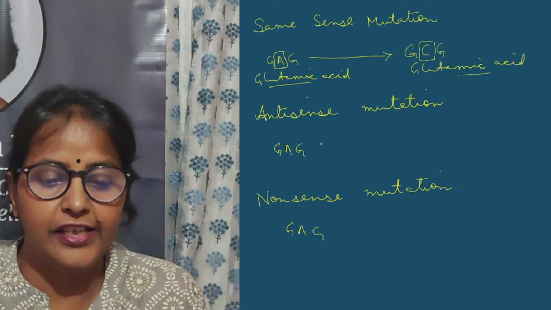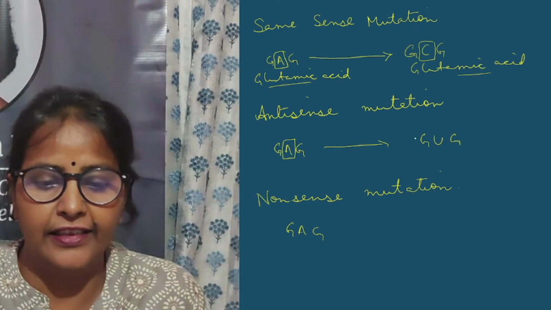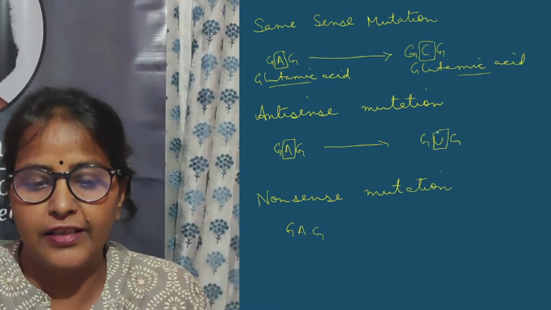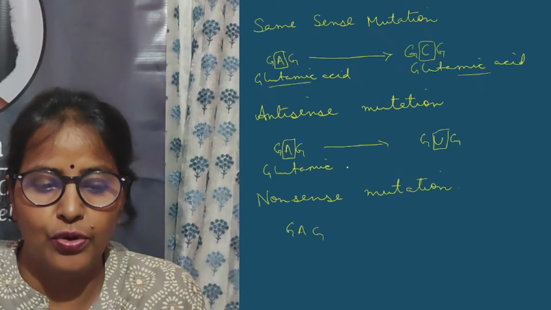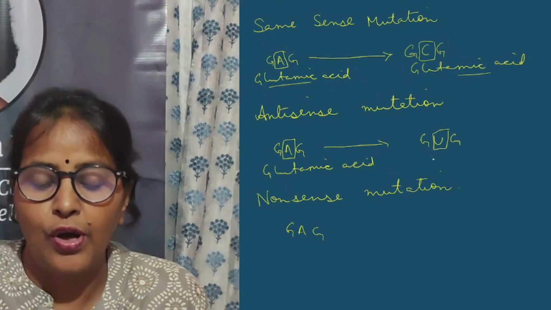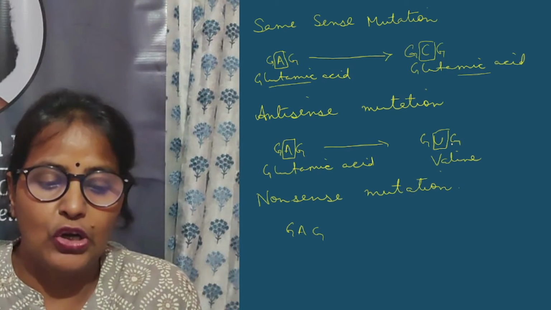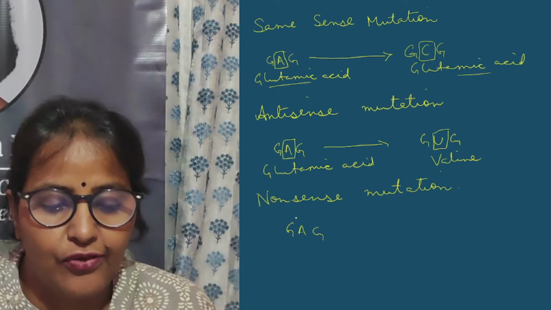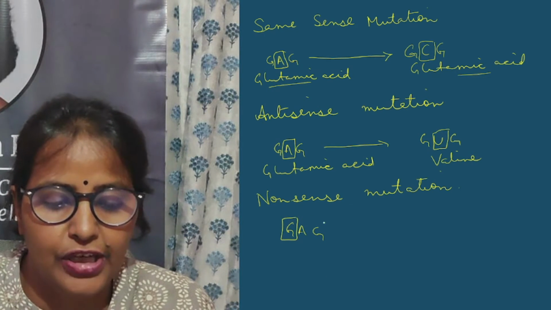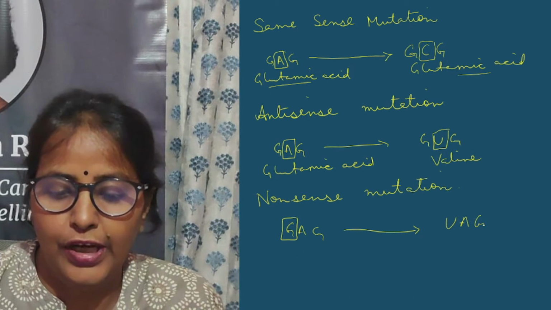If we change this GAG to GUG, mutation has occurred at this position, but this glutamic acid is converted into valine. So it is coding for some other amino acid, so we call it as antisense mutation. In case of nonsense mutation, if mutation takes place over here, it changes into UAG.